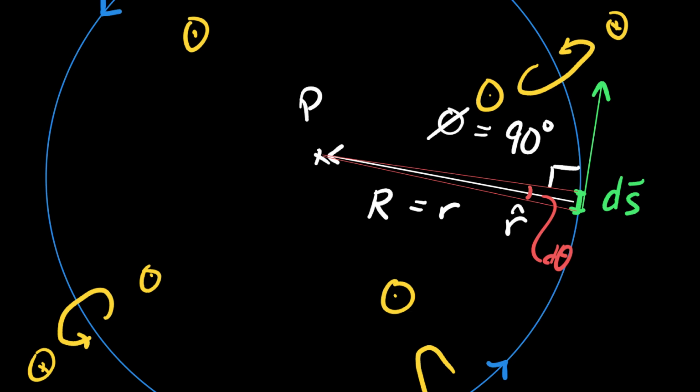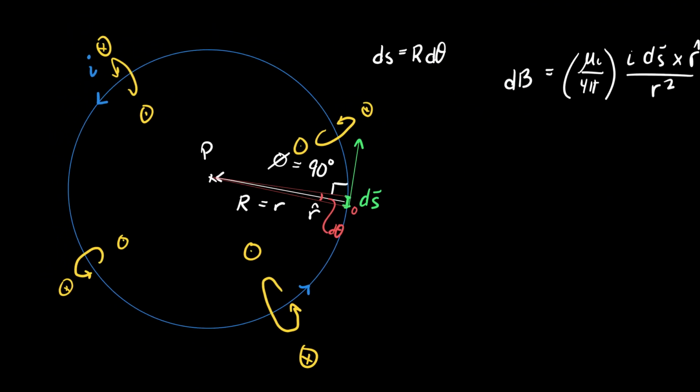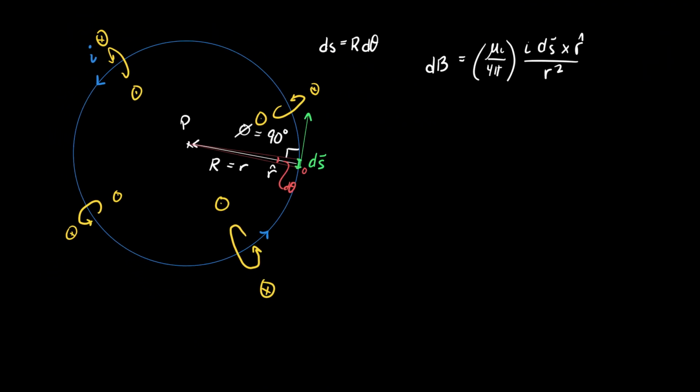So I'm going to establish that right here is 0 for the angle, and that we will integrate from 0 to 2 pi, taking us all the way around the circle. Does that make sense to everybody in the room? Because we're going to need a place to start if we're going to be using theta as our integrating variable. So my plan is to use theta as my integrating variable.